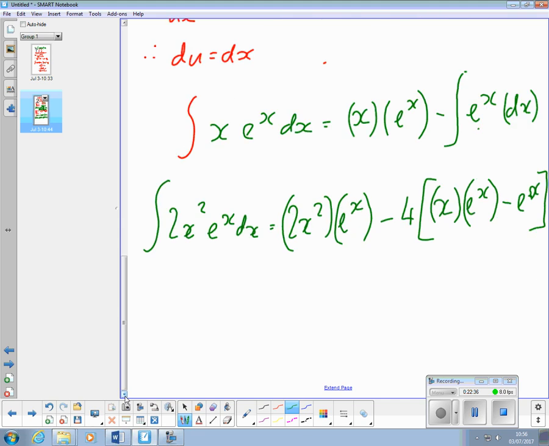And then we can simplify some of that. So we got 2x squared e to the x minus 4x e to the x plus, where have I got a plus from?